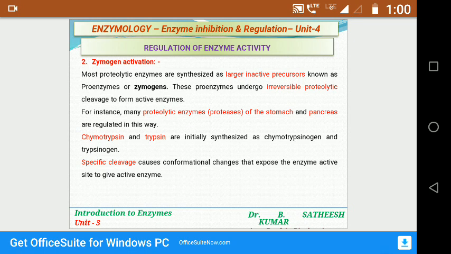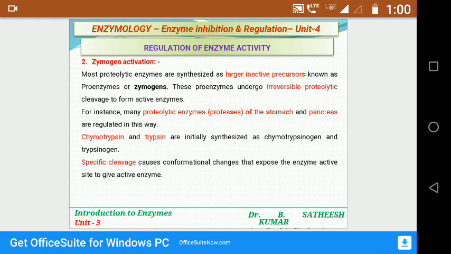Most proteolytic enzymes are synthesized as larger inactive precursors known as proenzymes or zymogens. These proenzymes undergo irreversible proteolytic cleavage to form active enzymes.